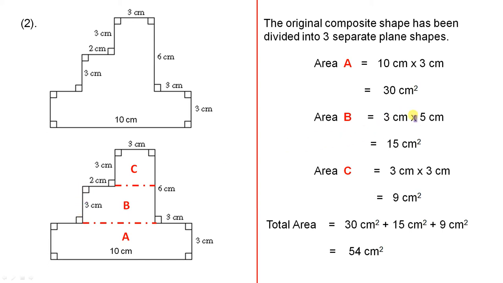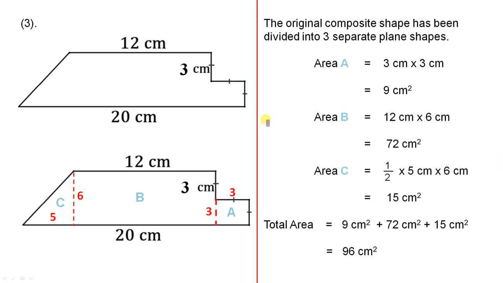So area B is 3 centimetres times 5 centimetres, which is 15 square centimetres. And area C, we're given that it's 3 centimetres by 3 centimetres, and that's 9 square centimetres. So the total area is the sum of those three, and that gives us 54 square centimetres.